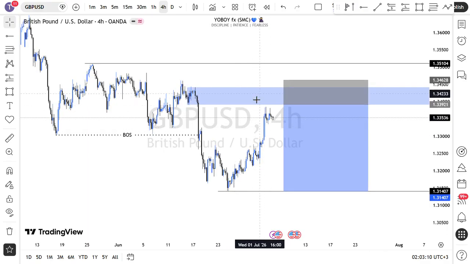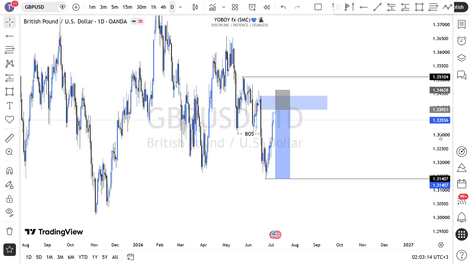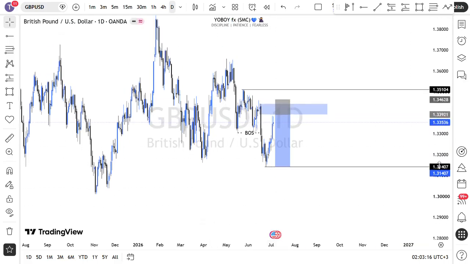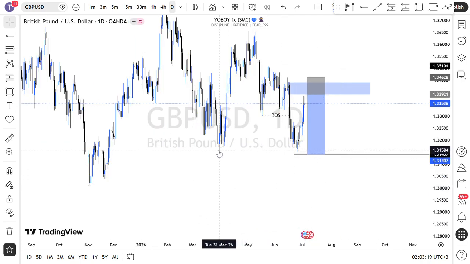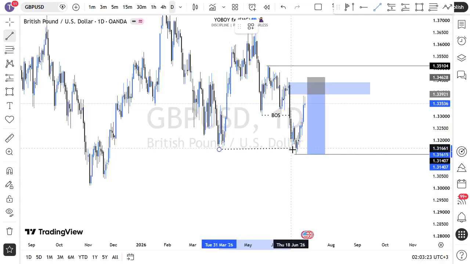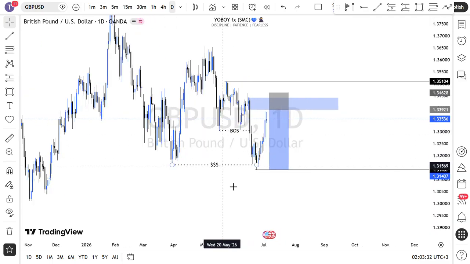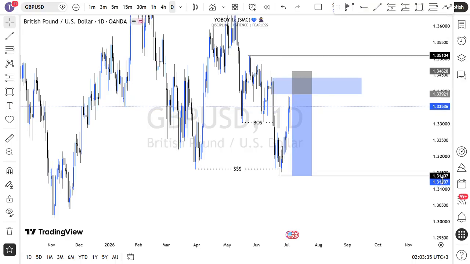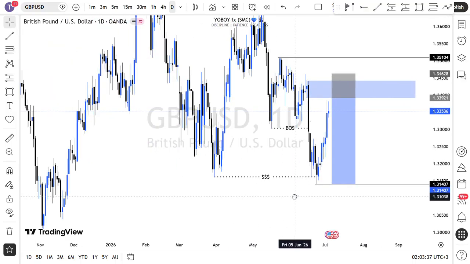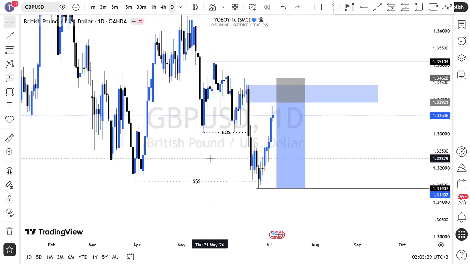I think price won't be reacting from this level anymore, and because of another influence here, price took out this low as a sweep of liquidity, and that means the price needs to distribute that liquidity to another liquidity. So I think price will be looking to take an internal structure liquidity, because the market took out this external liquidity, and right now the market is looking to take an internal liquidity.